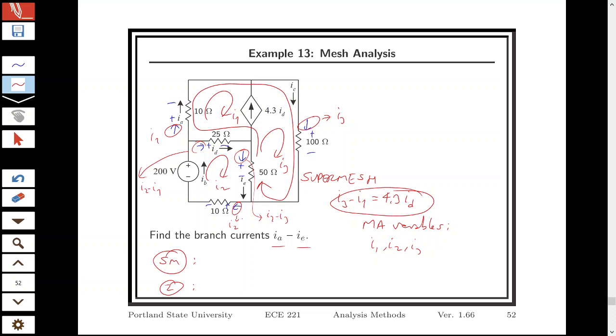So we are using those in writing the KVL equation. So we have written the KVL equation for the super mesh, and now we shall write down the KVL equation in the second mesh.